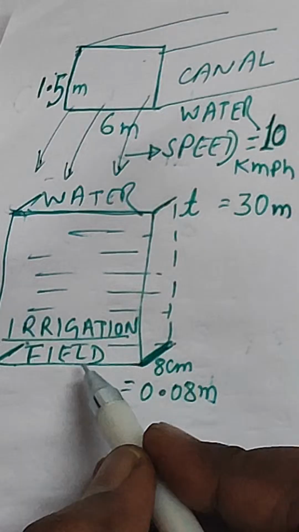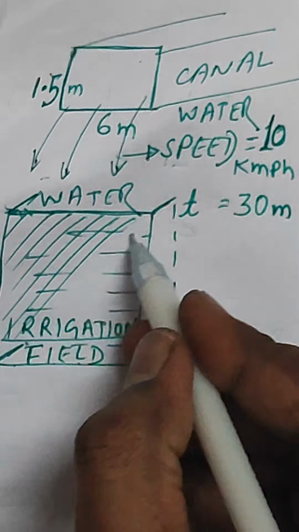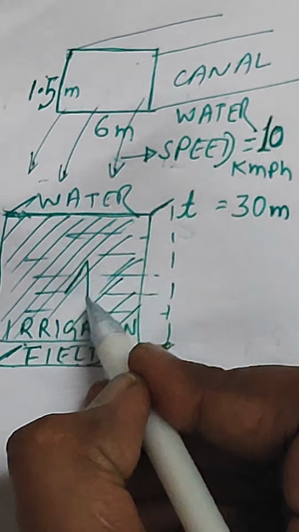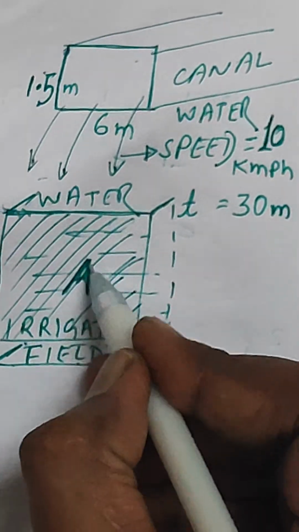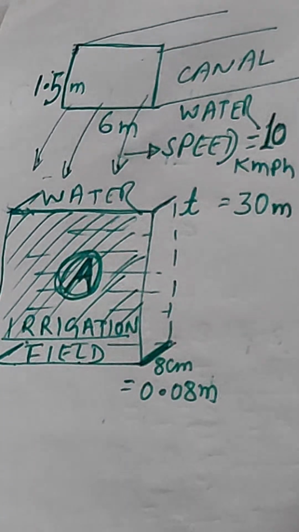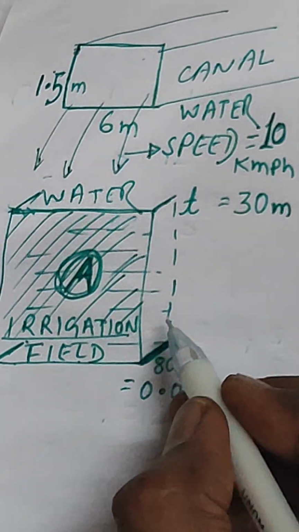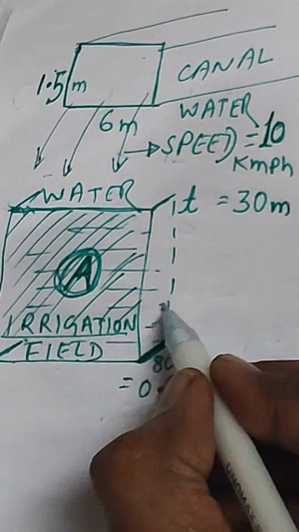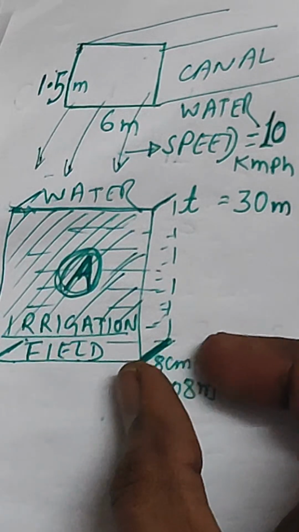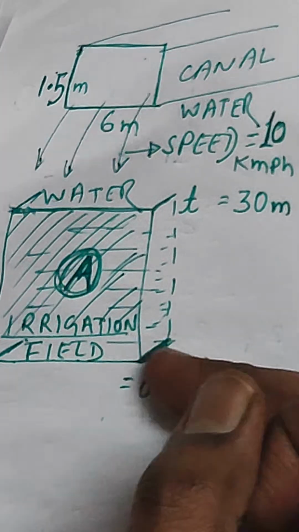So the area of this field can be A. Now if 8 centimeter of standing water is required in this field, entire water till a height of 8 centimeter, how much area will it irrigate?